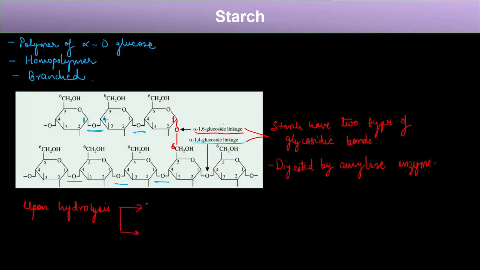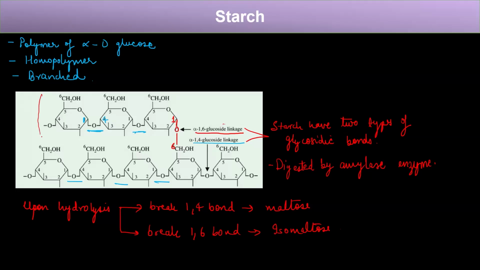Upon hydrolysis, if you break the 1 4 glycosidic bond, you will get maltose. And if you break the 1 6 bond, then you will get isomaltose. So in the first round of hydrolysis, you will get this much structure together. When you further hydrolyze it, you will get glucose. That's true. But if you hydrolyze the first time, you will get a structure something like this.